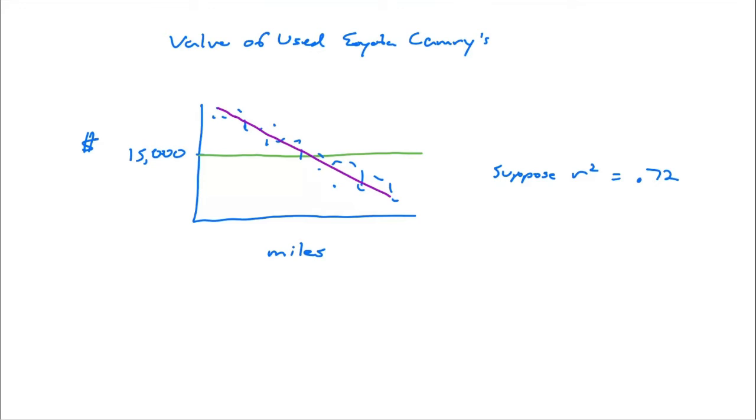I've differentiated some cars to be more expensive if they're low mileage, and some cars to be less expensive if they're high mileage. So I've varied the value of those cars based on miles, to the extent that my model predicts the value of a car using miles is given by the R squared.